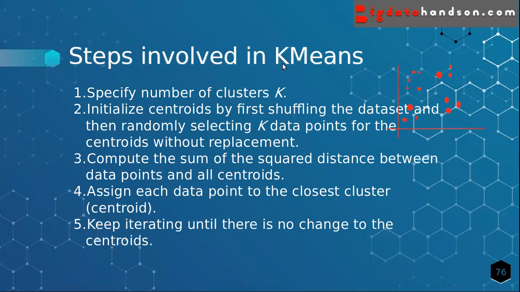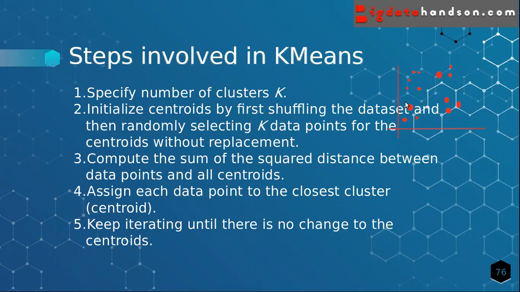For example, let's say these are the data points, and now we are going to shuffle the dataset and select four random points. If the number of clusters given is 4, then it will select 4 points from the data points.